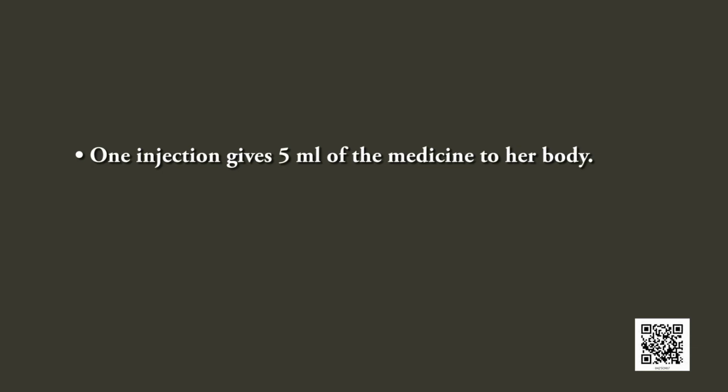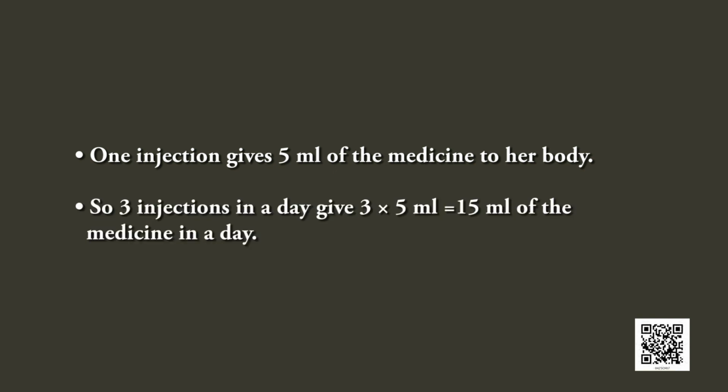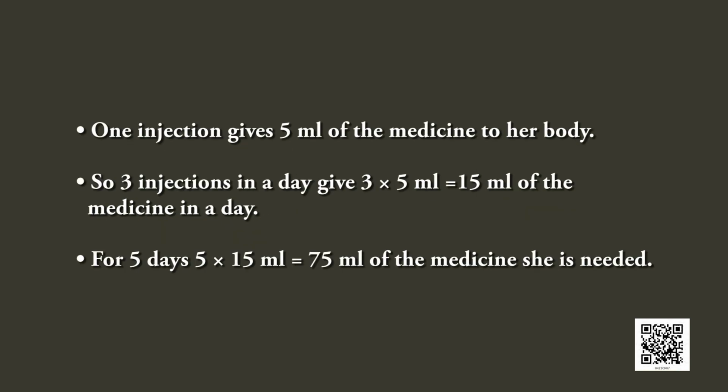One injection gives 5 milliliters of the medicine to her body. So, 3 injections give 3 into 5 milliliters, that is equal to 15 milliliters of the medicine in a day. For 5 days, 5 into 15 milliliters is equal to 75 milliliters of the medicine she needs.